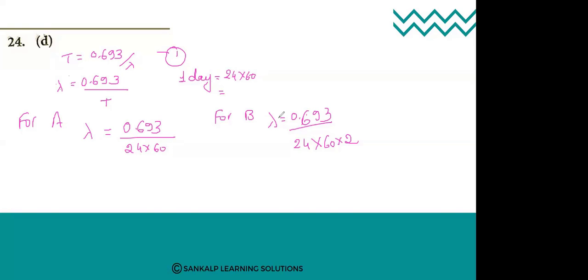Similarly, for B particle, lambda is equal to 0.693 divided by 24 into 60 into 2, because for B particle it is given as 2 days.